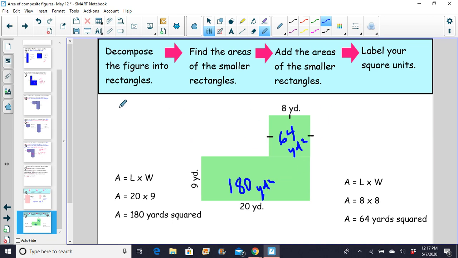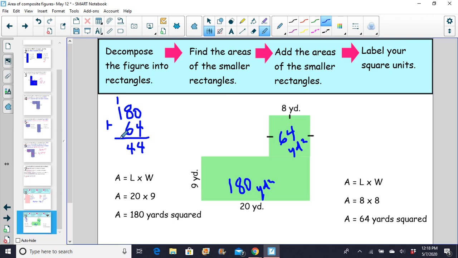So I'm going to add together 180 plus 64, and when I add them together, that will be my combined area. So 0 plus 4, 4. 8 plus 6 is going to be 14.